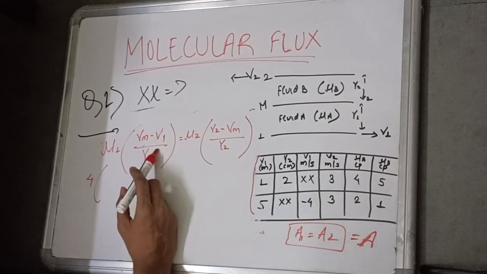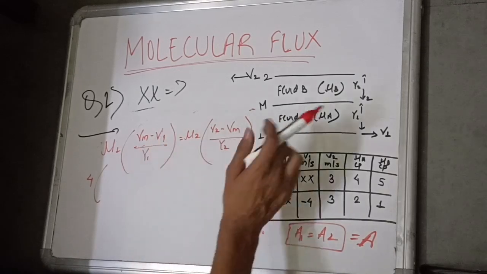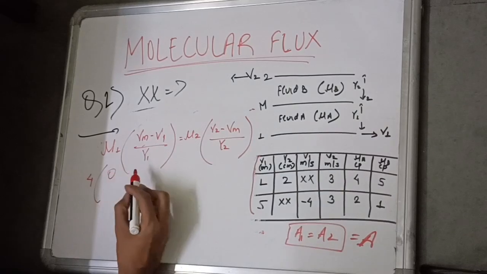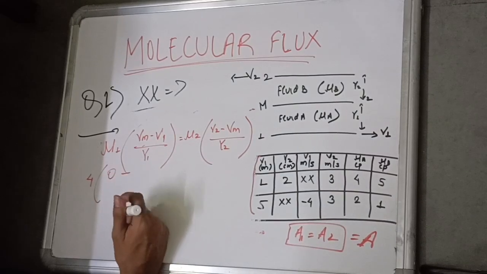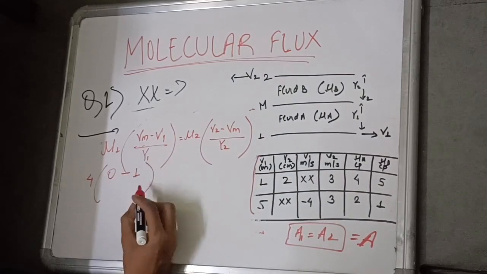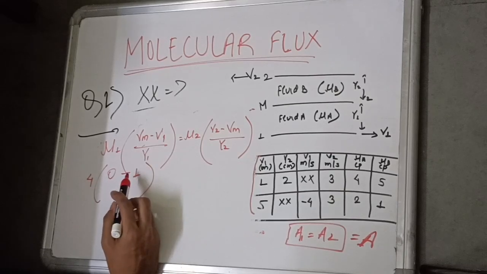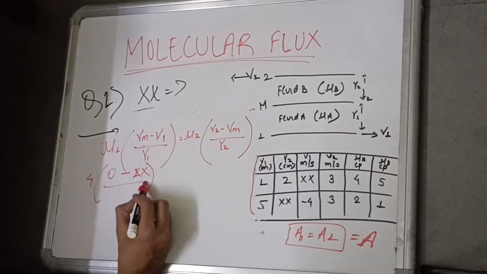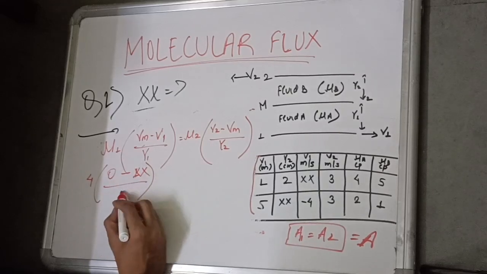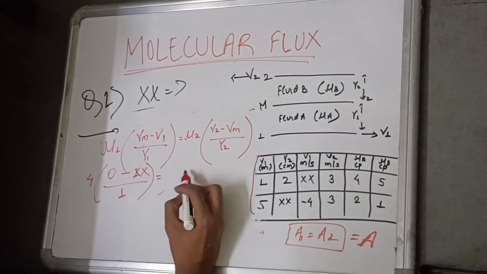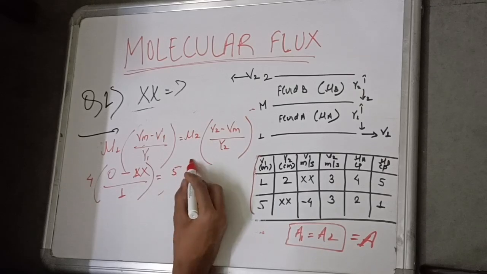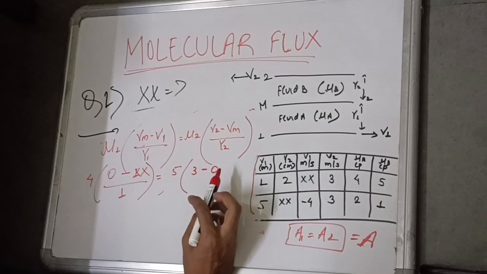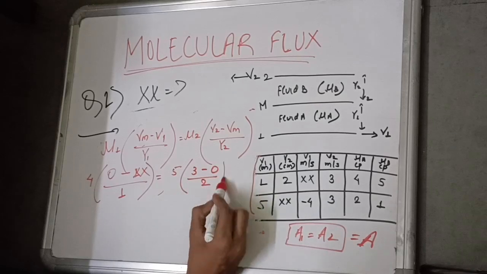Velocity of middle plate should be 0 so as to keep it in a stationary position. Velocity of first plate we have is 1. Distance between them is 1. We have mu2 as 5. V2 we have 3 minus 0. Distance between them is 2. We have to find this.